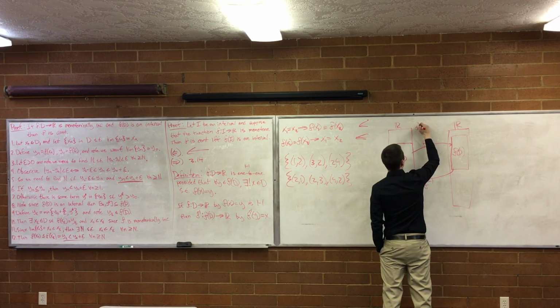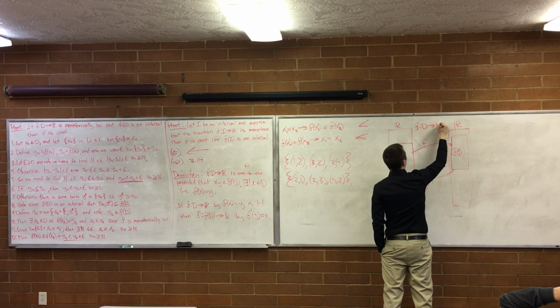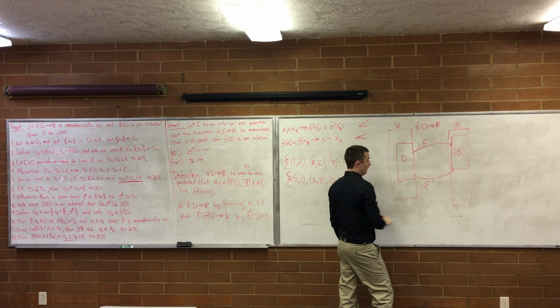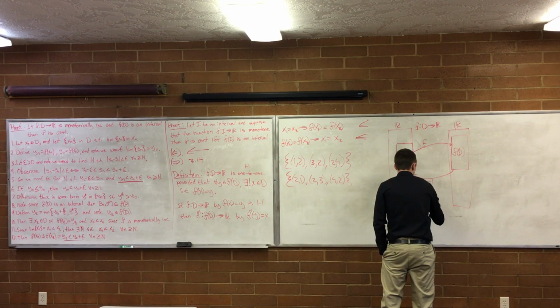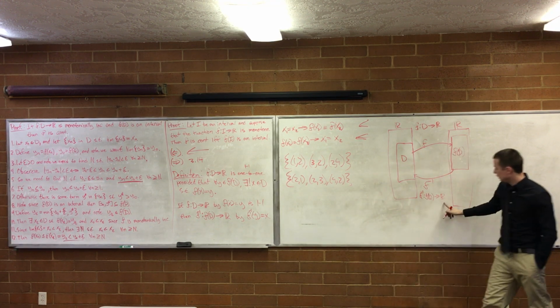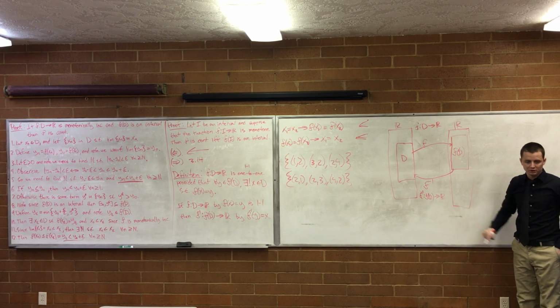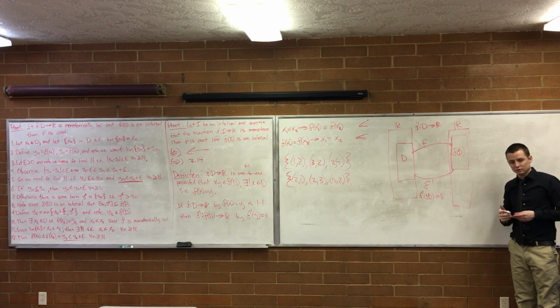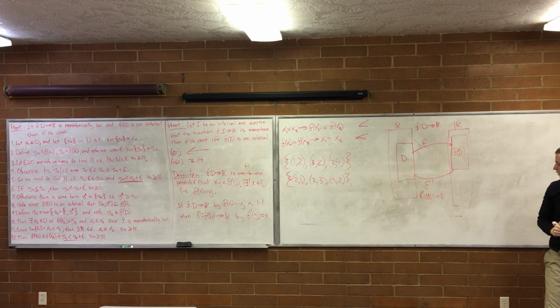So F here is from D to R, right? F inverse here is from F of D to R. Yeah, but you don't have to use a whole set, you just have to use a subset. But you'll get a different outcome plugging it into the function. I don't know what you mean by that.